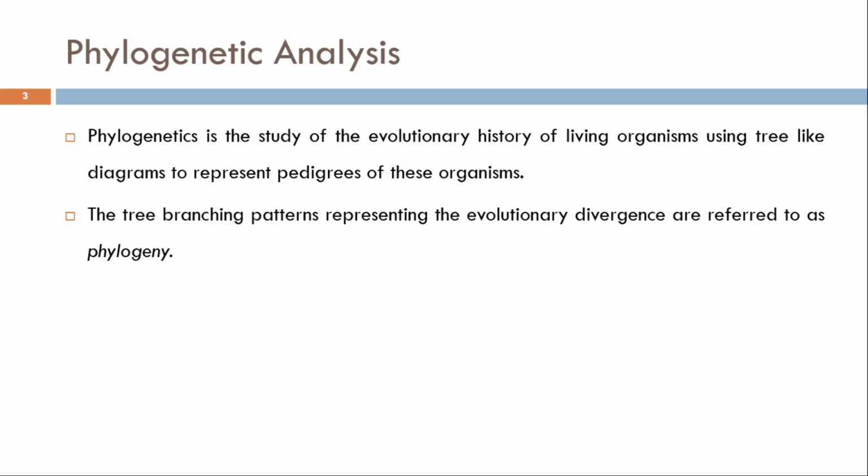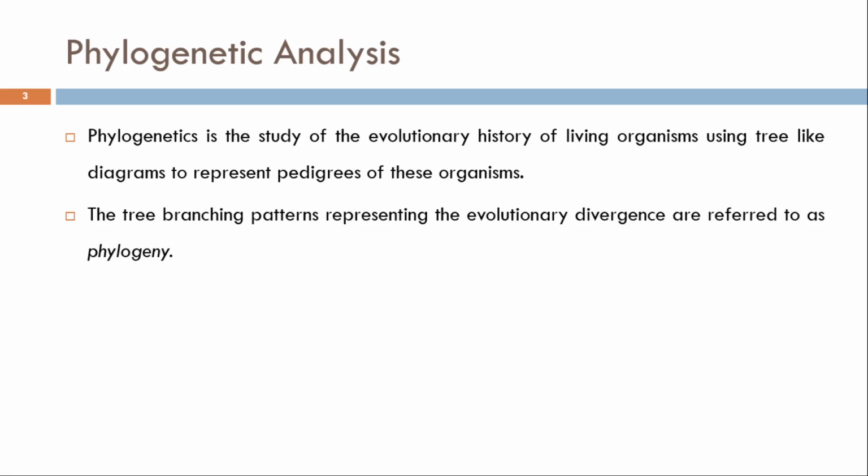So phylogenetic analysis is just the study of the evolutionary history of living organisms. The scientists who are engaged in studying the evolutionary history of organisms have to go for phylogenetic analysis.